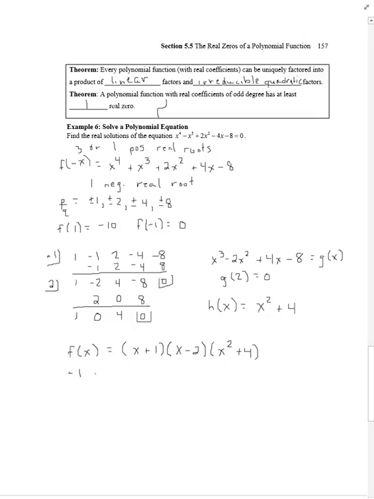So negative 1 is a negative real root. Positive 2 is a positive real root. And this quadratic that's irreducible will give us 2 complex roots. So we still have 4 total roots, but only 2 of them are real and 2 of them are complex.